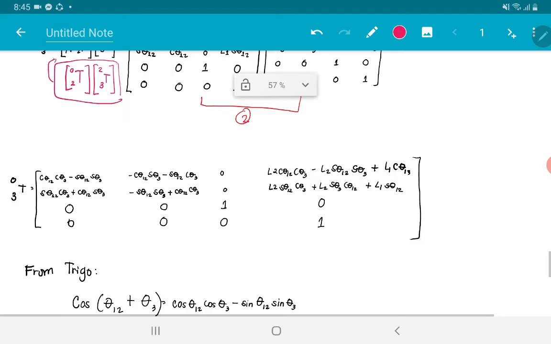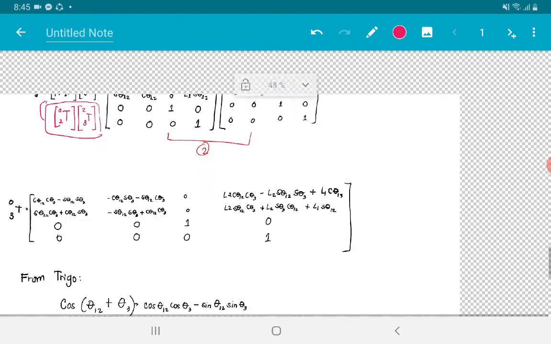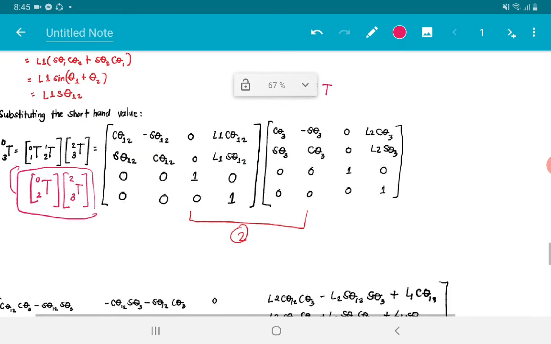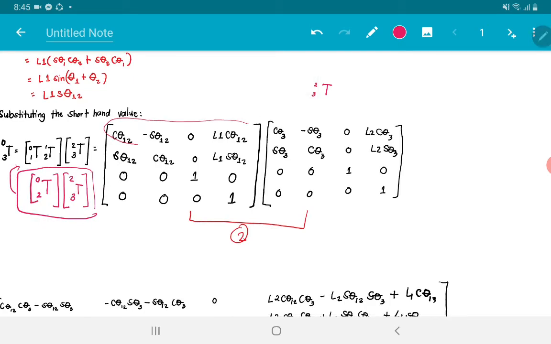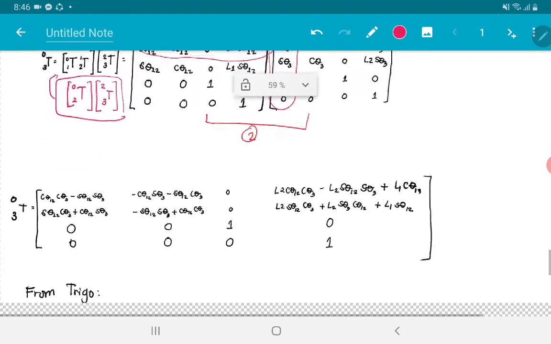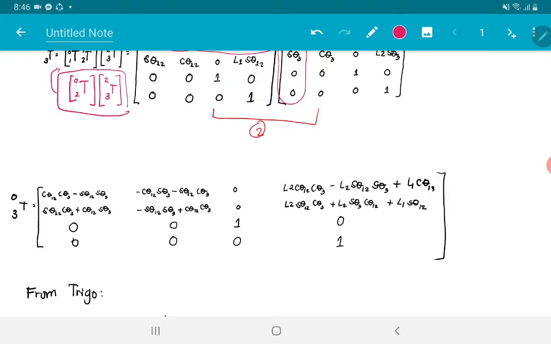So again, after multiplication, multiplying each element, you can have the transformation of the end effector frame in terms of the tool frame.